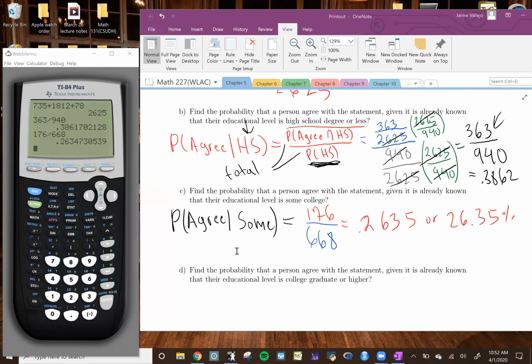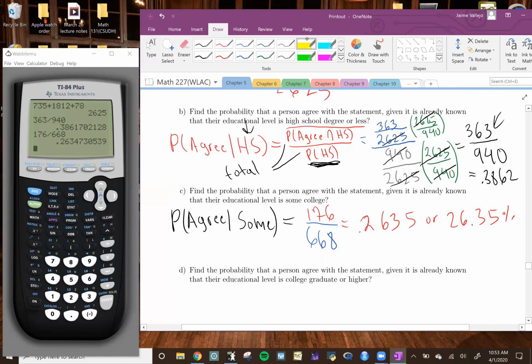So for D, it says find the probability that a person agrees with the statement given it is already known that their education level is college graduate or higher. So for this one, we already know that they're college graduate or higher. So we're gonna find the probability they agree with the statement given they have a college degree or higher.